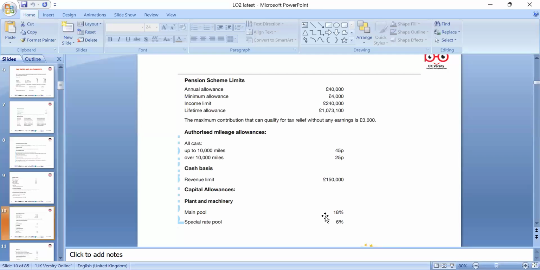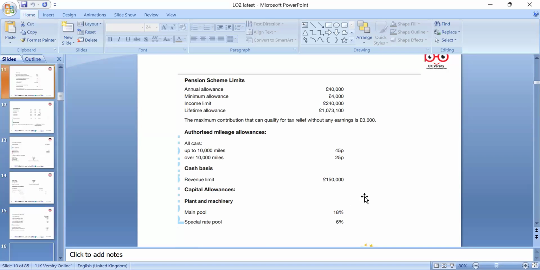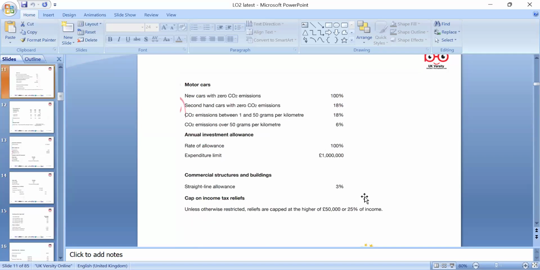That's the key for corporation tax. 18% main pools, special pools, the motor car, and various examples, the rate of allowance, annual investment allowance, 100%, expenditure limit, and the straight line allowance on the commercial structured building.